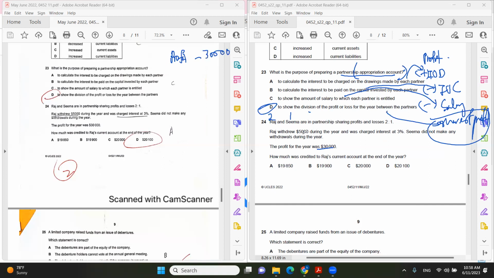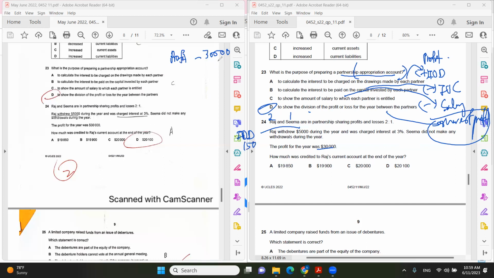Raj withdrew and was charged interest. So this is interest on drawings. 5,000 times 3%, we get 150.